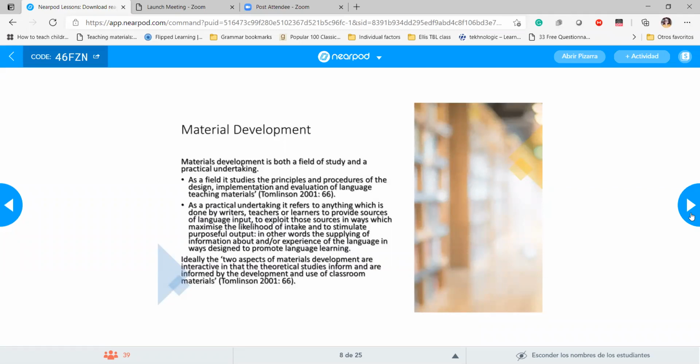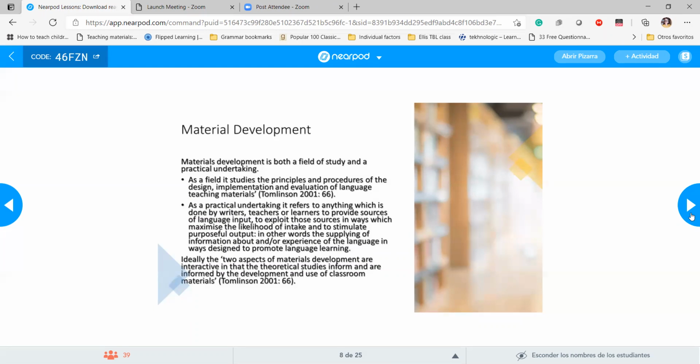In other words, Tomlinson says, the supplying of information about and or experience of the language in ways designed to promote language learning. So students will always have that opportunity to promote through the materials. They should have the opportunity to learn, practice, and use the language.